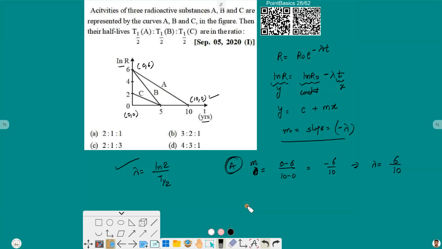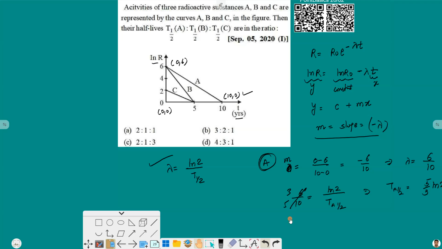Now we can write 6 by 10 is equal to ln 2 divided by t half of A, and from this we get t half of A, which comes out to be 5 by 3 ln 2.